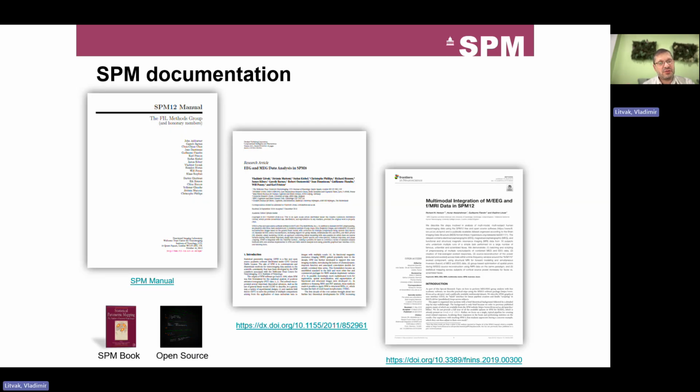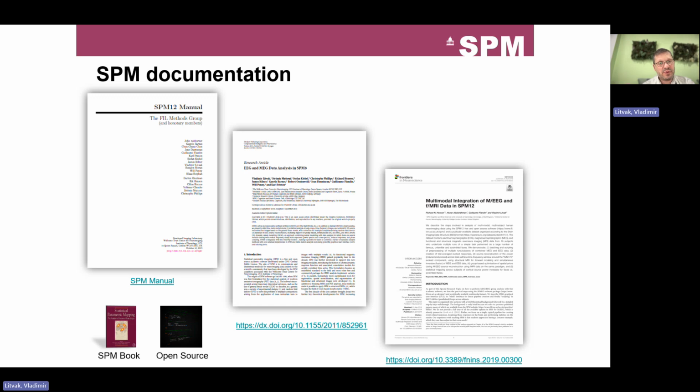There are several other sources of documentation about SPM. There's a PDF manual that is included in the SPM distribution. This is a slightly outdated way of documentation that we are trying to move away from, but if you prefer reading PDF documents, you can still find most of the information there.